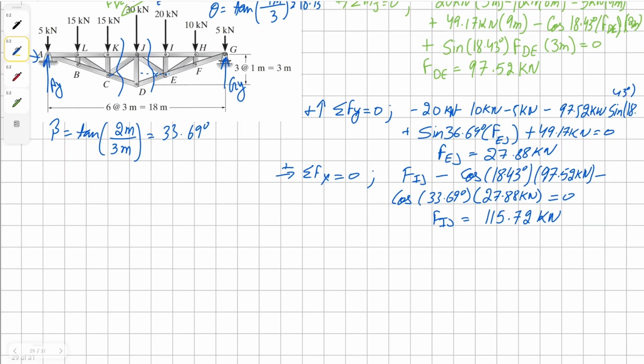Okay, so our angles are symmetrical because our truss structure is similar on both sides. Therefore, we can have our angle theta and our angle beta, but everything else should be different.